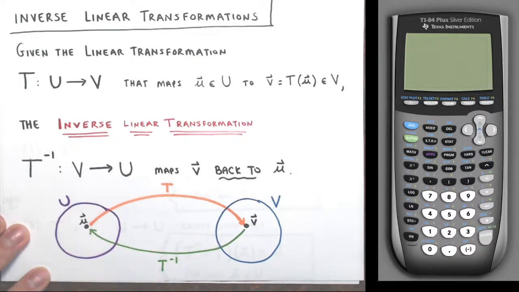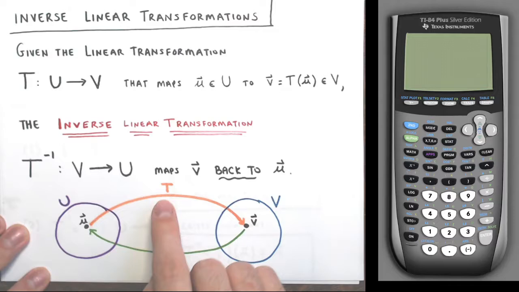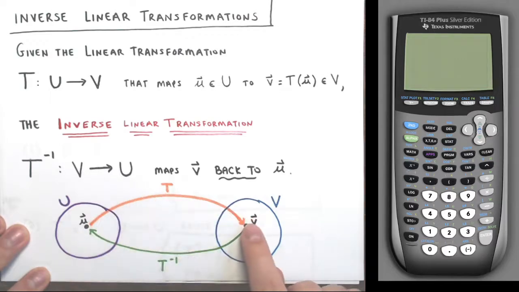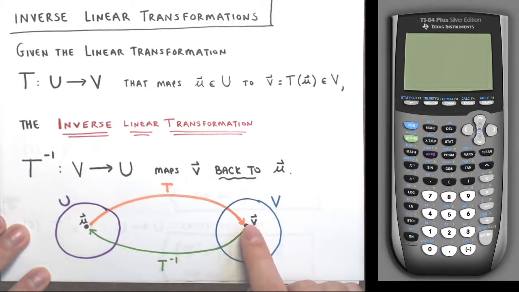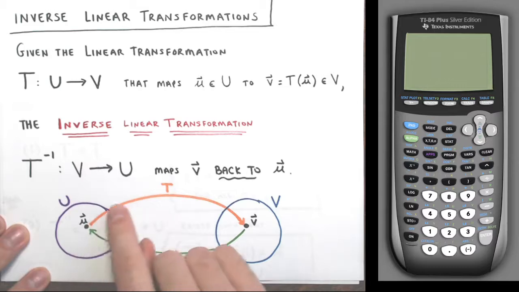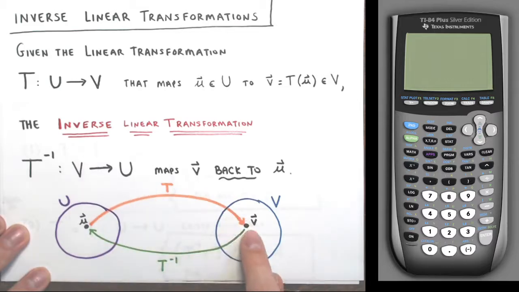So if I compose T inverse with T, that would be do T first, then T inverse. You'll input u and then get an output of u. Every vector in U will map to itself. And if I composed T with T inverse, I would do T inverse first, take this vector from V, it would map here, and then I apply T to it, and it would go right back to where you started from.